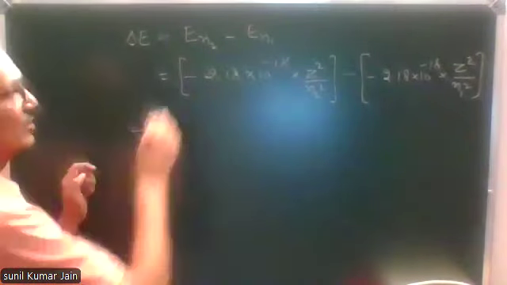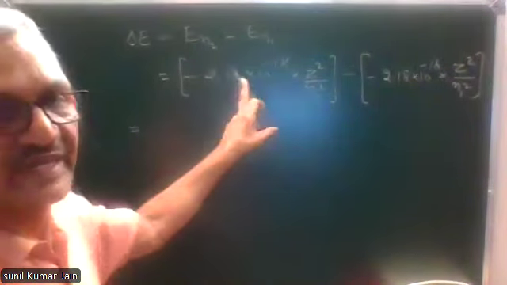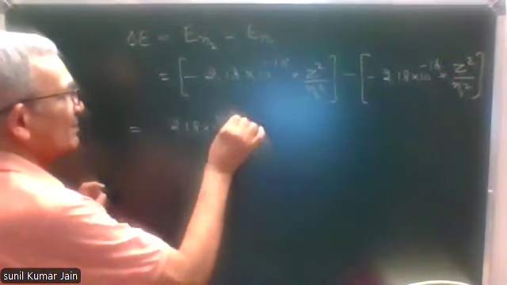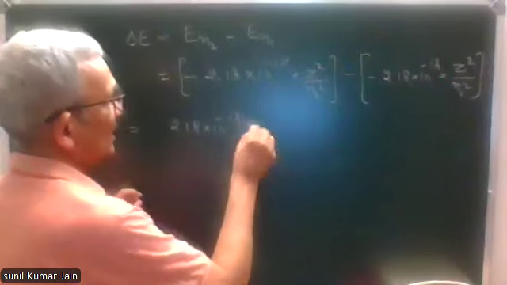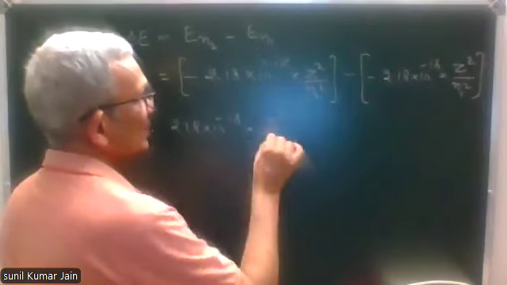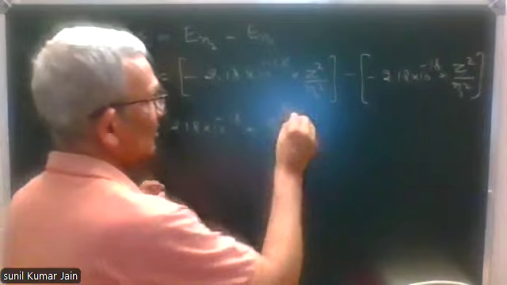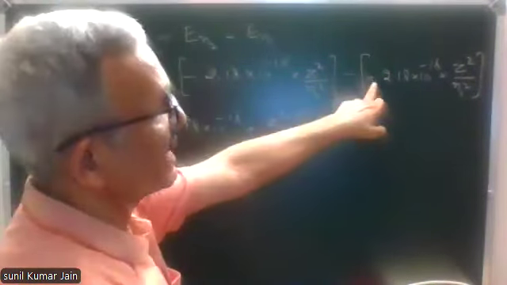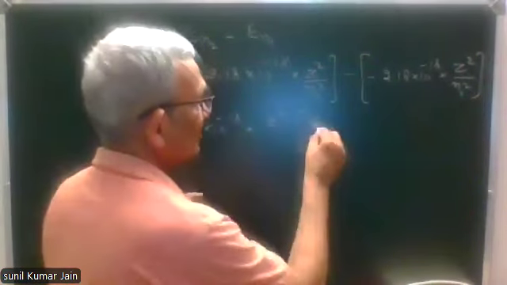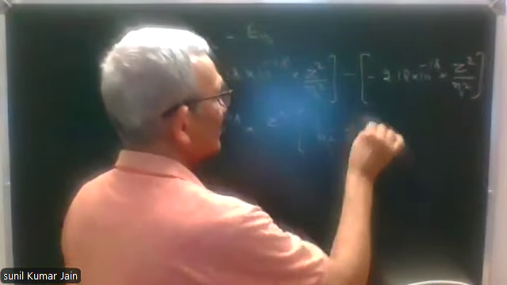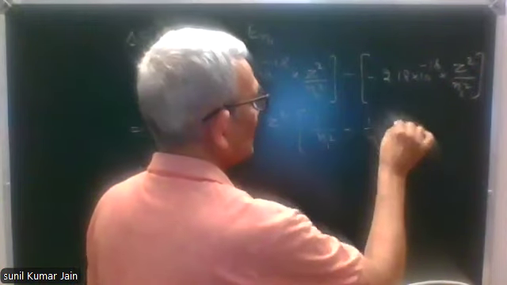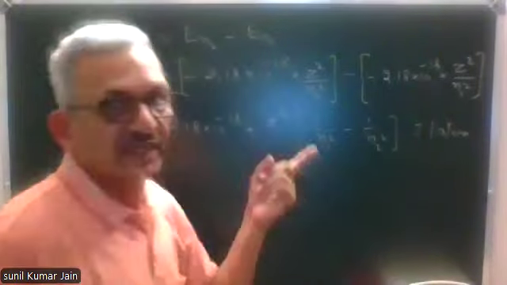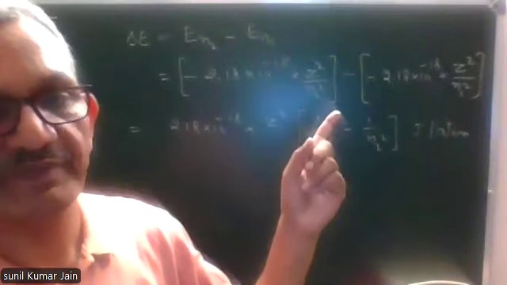Now 2.18 into 10 to the power minus 18 into Z square is common. Within brackets, this minus becomes plus, so it is 1 by N1 square minus 1 by N2 square. According to the formula, units will be joules per atom.